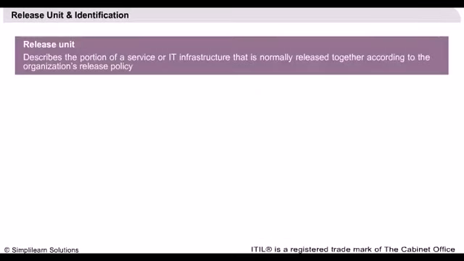A release unit describes the portion of a service or IT infrastructure that is normally released together according to the organization's release policy. The unit may vary depending on the type or types of service asset or service component, such as software and hardware.